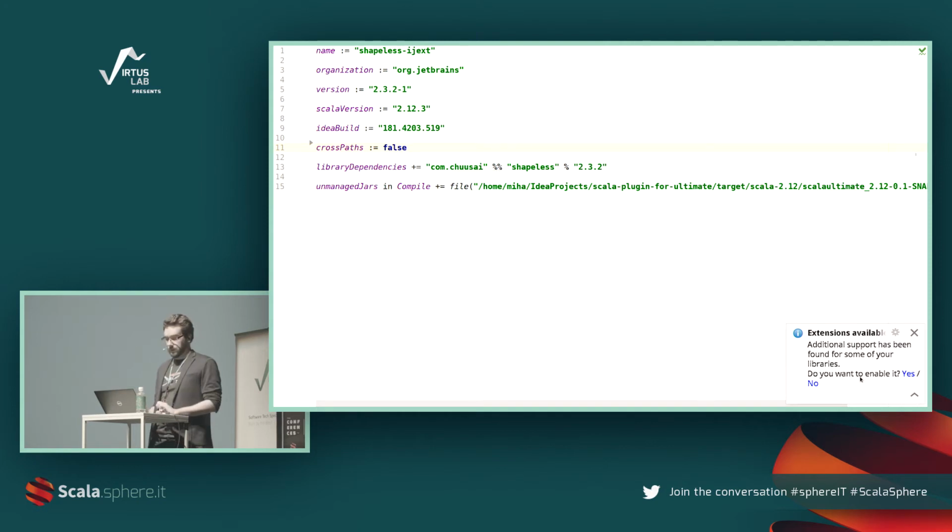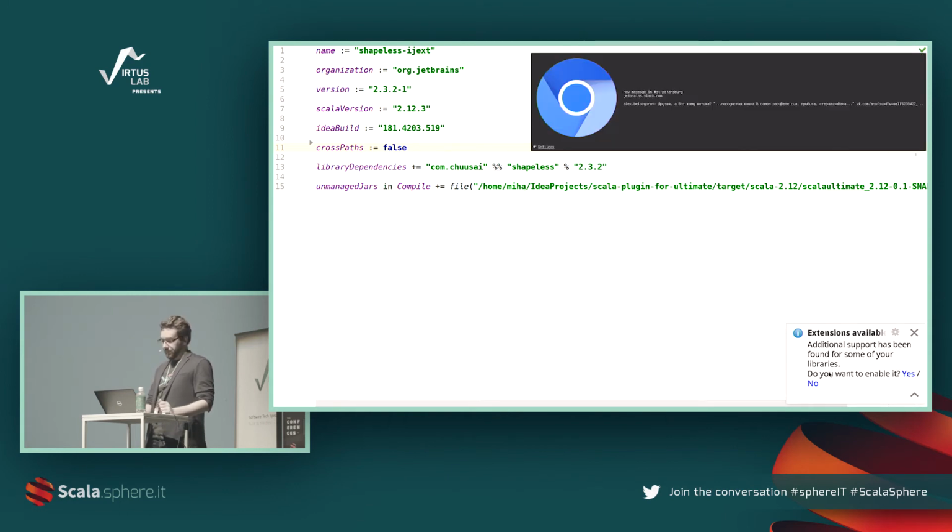And we've just published shapeless IJX. So IntelliJ actually used Ivy. It used your resolvers defined in your SBT files. So whatever repositories and resolvers are reachable from your project will be reachable from IntelliJ, and so it's able to actually download and resolve the necessary dependencies.